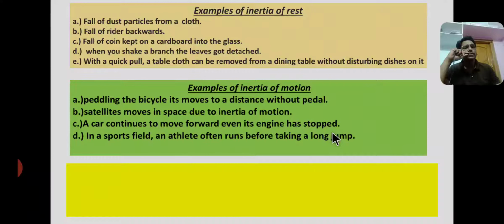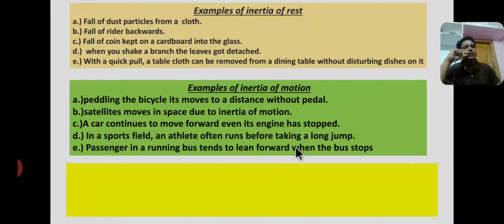Fourth one is in a sports field, an athlete often runs before taking a long jump. And fifth one is a passenger in a running bus. A passenger in a running bus tends to lean forward when the bus stops.